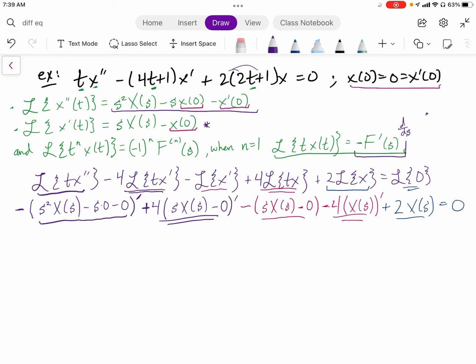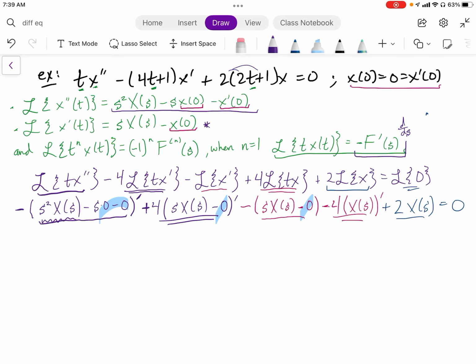Okay. Let's simplify this, collect some like terms. So we need the derivative. Now remember, I have a bunch of zeros in here, right, for these t's. I don't need either of those. So I'm looking at this term here only. I need to do the derivative with respect to s. That requires product rule because I have s squared multiplied by some function, the Laplace of x of s.